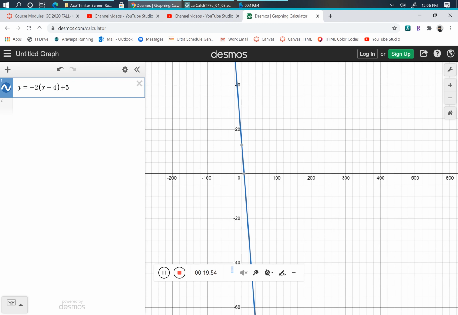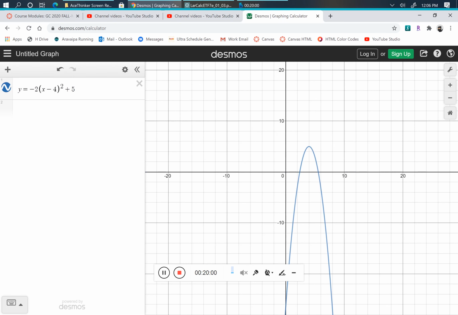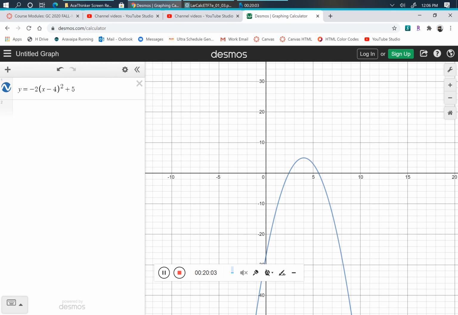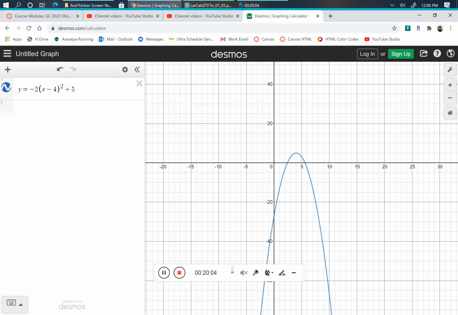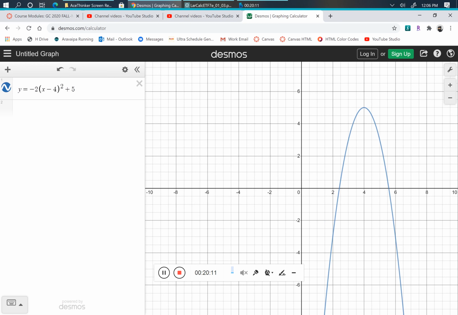I forgot my squared. There we go. Now the question is, does that look like what I drew? And if I change my scale, I can make it look exactly like what I drew. But yeah, looks pretty much like what I drew. Okay.